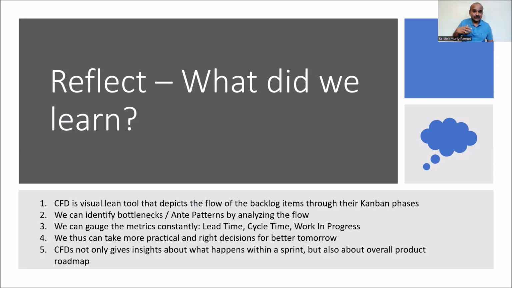When we take right decisions, it will not only help the product and the stakeholders, but also our own team members. They don't need to stretch. It helps in work-life balance, in a proper chemistry, a proper enjoyable experience of being part of a great product development, right? So the cumulative flow diagram not only gives insights about what is happening within a sprint, but also about the whole overall product roadmap as well, right?